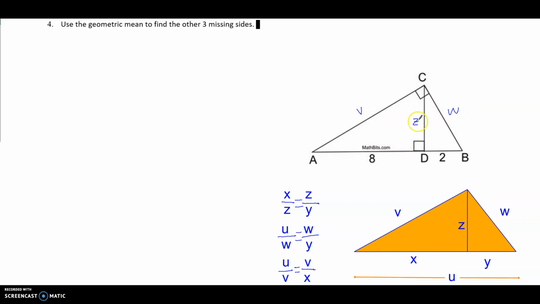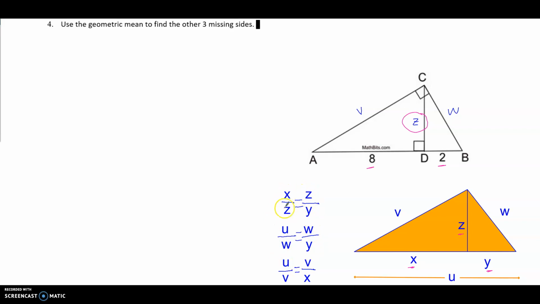And the first thing I want to find, and let me switch colors, is Z. So here, the only measurements that I have are 8 and 2. And that corresponds with X and Y down here. So I have X, and then I have Y, and I'm trying to find Z. So which one of these ratios is going to help me?